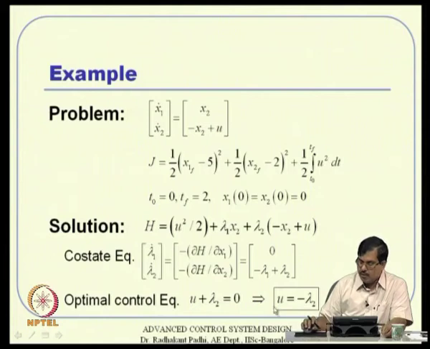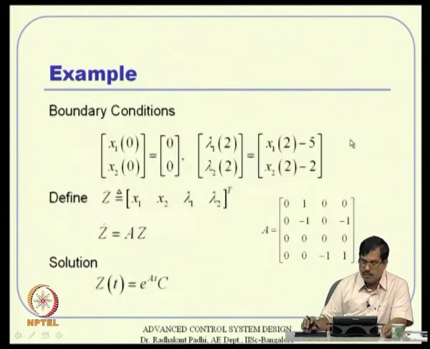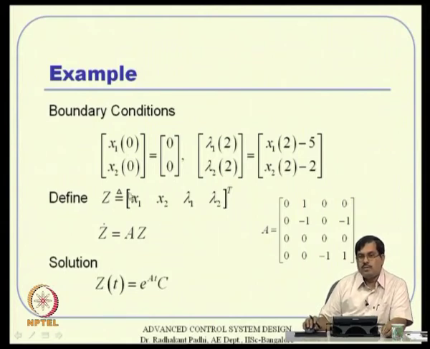Now, remember if I put u equal to minus lambda 2 back here, then I can think that x 1 dot, x 2 dot along with lambda 1 dot, lambda 2 dot form a complete set of differential equations. They are functions of themselves. So, that is what I do here by defining this new state vector z, which contains both states as well as co-states.